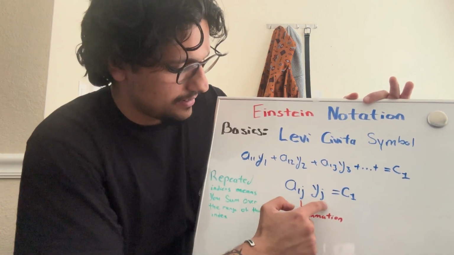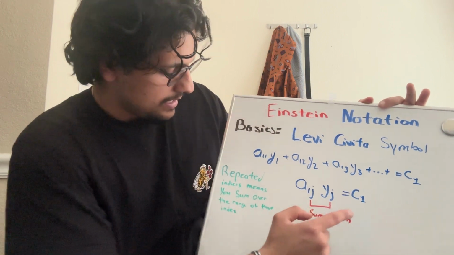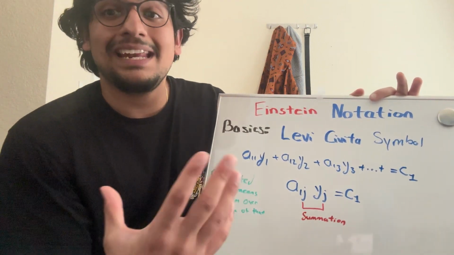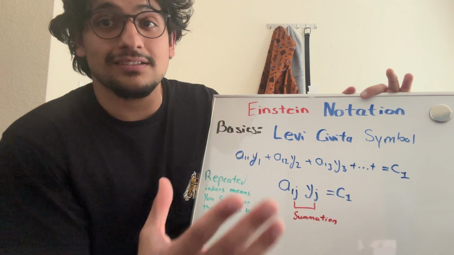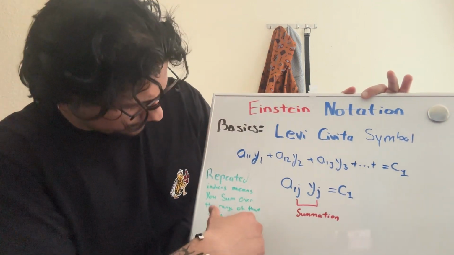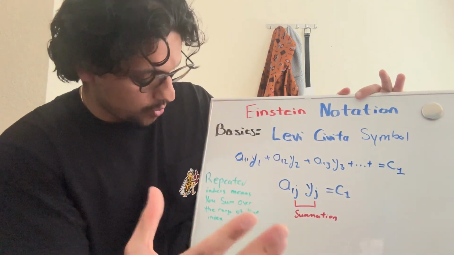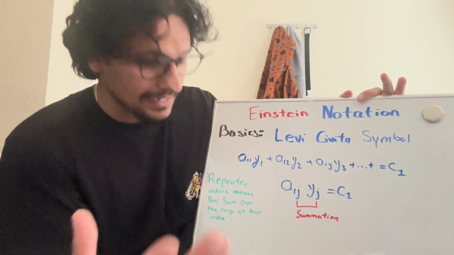So what repeated indices essentially means is that there's a summation. It means that you sum over the range of that index.